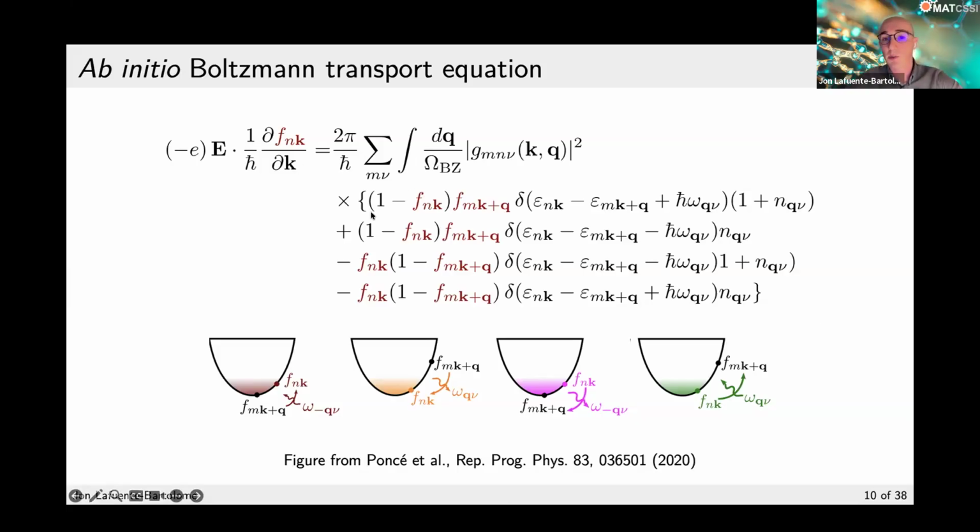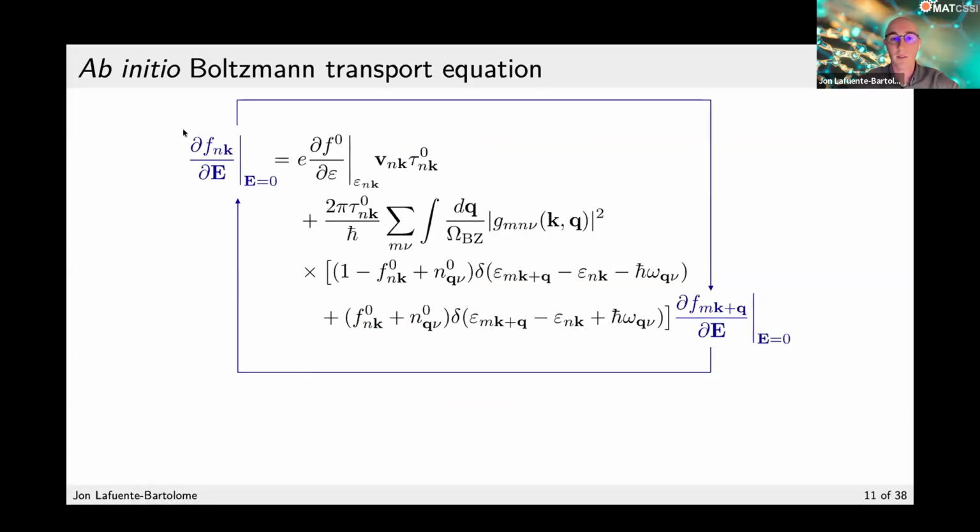Now, if we take this expression and we take the derivative with respect to the electric field on both sides, the equation to which we arrive is this one. And here I've done a little bit of ordering of the terms just to make it more clear. So the two main messages here are that this expression might look a little bit involved, but all of the ingredients, if you look at it in more detail, are things that we can compute with DFT, DFPT, and EPW, as Sabia was mentioning before.